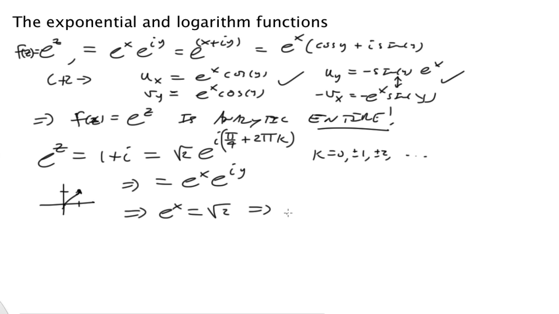Therefore, we can write x is equal to natural log of root 2, because this is a real valued equation that we're solving here. Likewise, y then has to be equal to pi over 4 plus 2 pi k.